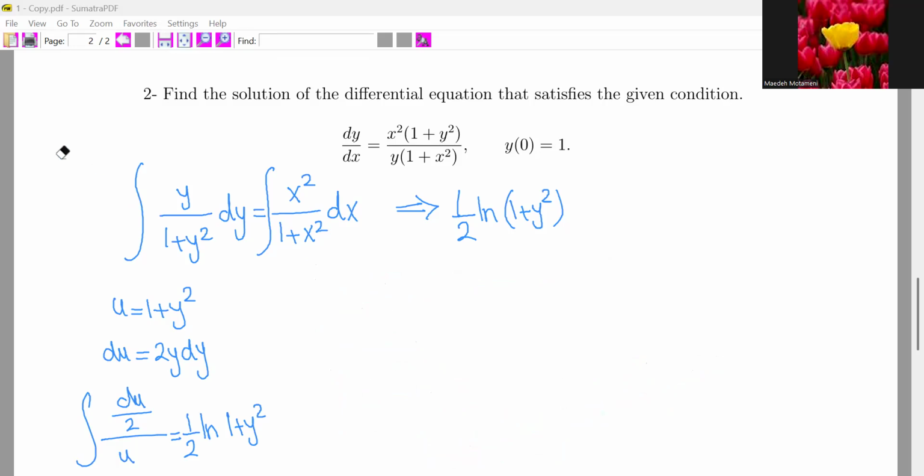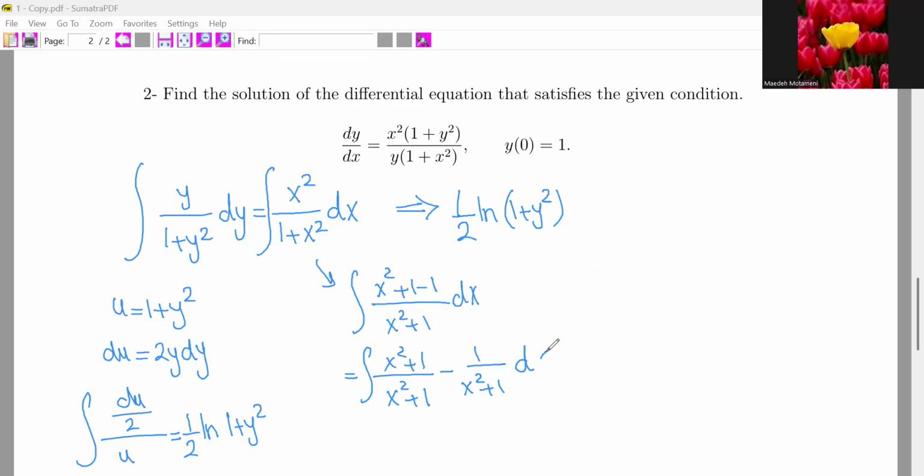We have x squared and we have x squared plus 1. So what about writing the top as x squared plus 1 minus 1, over x squared plus 1 dx? It will be written as x squared plus 1 over x squared plus 1, minus 1 over x squared plus 1 dx.